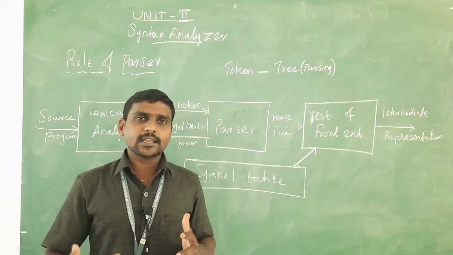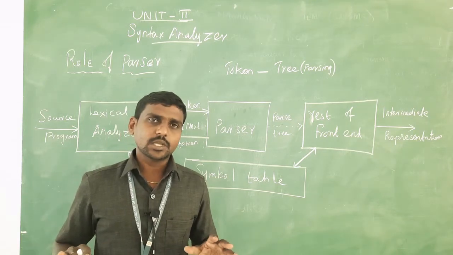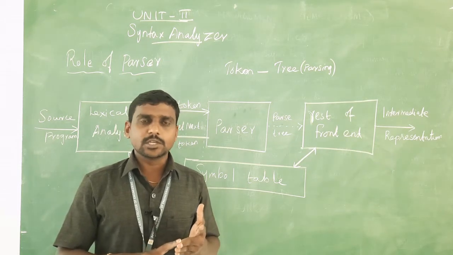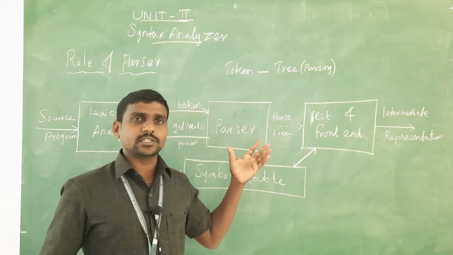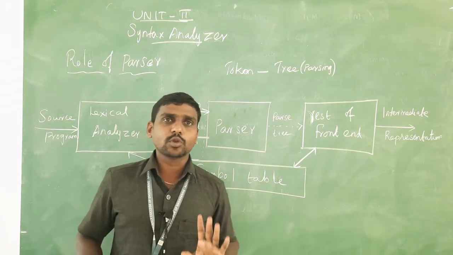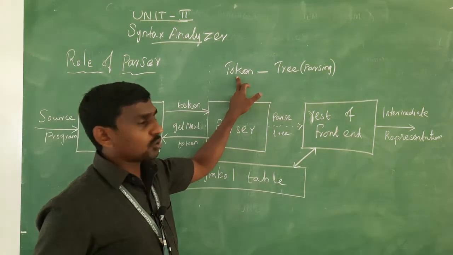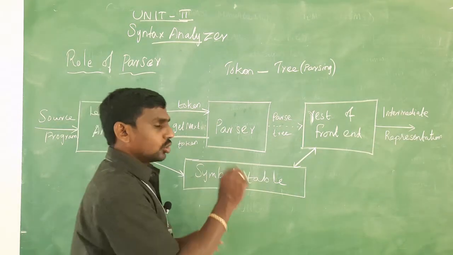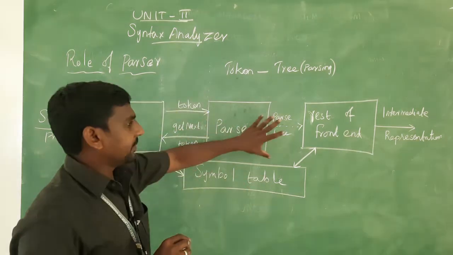The lexical analyzer, the parser, the tree, everything we can create using a programming language, Java, C or C++. The parser converts tokens into a tree structure. Tree I already told you: root node, leaf node and edges.